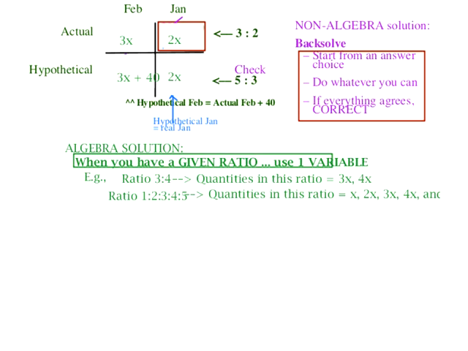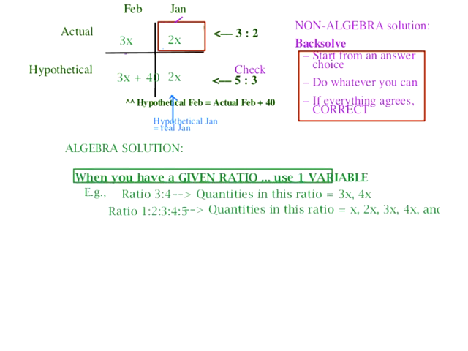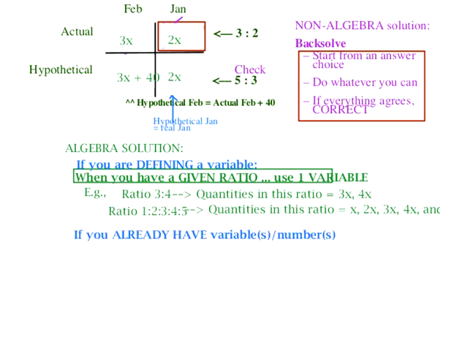Now, if you already have quantities, that's when you set up a proportion. So if you're not defining a variable, notice the different things here. With the 3 to 2, we're actually defining the meaning of what x is. We don't have anything at all, so we have to make a variable. But if you already have variables or numbers, because we could call these things 3y and 5y, but we don't really want to because we have stuff.